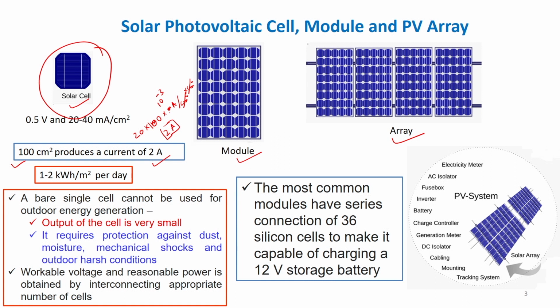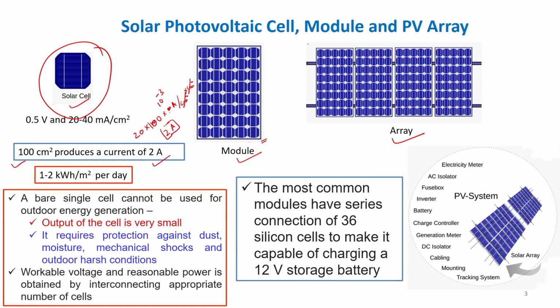The workable voltage and reasonable power is obtained by interconnecting many cells in series and parallel combinations. If we do so, what we configure is nothing but a module. You can see here different cells are connected in series and parallel.